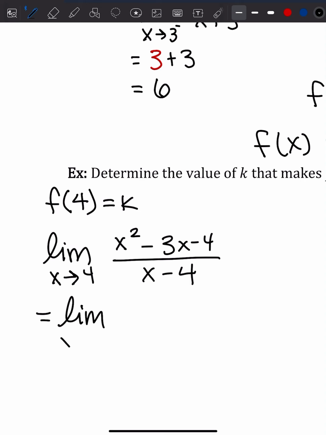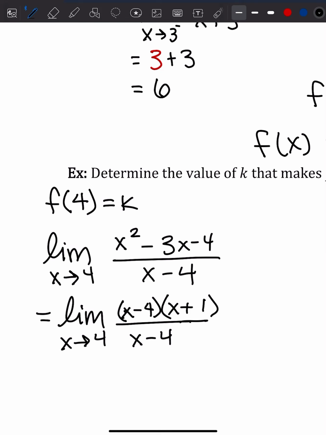So the limit as x approaches 4 of... The good news is I know x minus 4 has to be one of my two factors. This is also an x to the first power, so I know they both have x's. So we need to figure out what multiplies to negative 4 but adds to negative 3, which happens to be negative 4 and 1.